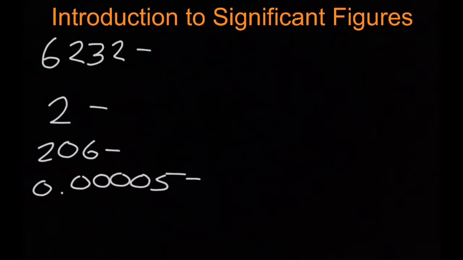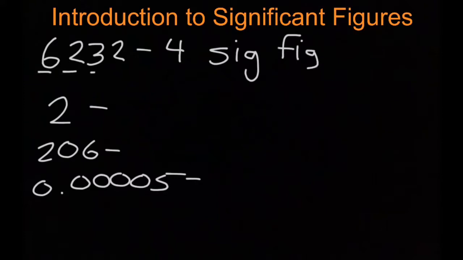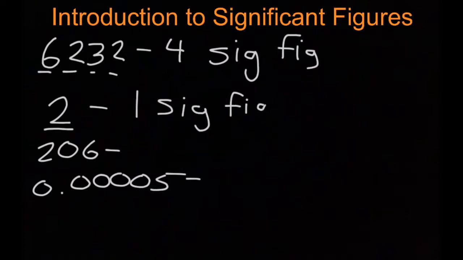So for 6,032, how many significant figures are here? So there are no zeros, so we don't need to worry, and it is 4 significant figures, equal to the amount of numbers in this value. On to 2. So 2 is a non-zero, so it's just one significant figure. 206 has a 0 in between, but as we learned earlier in the video, a 0 in between two non-zero numbers is significant.